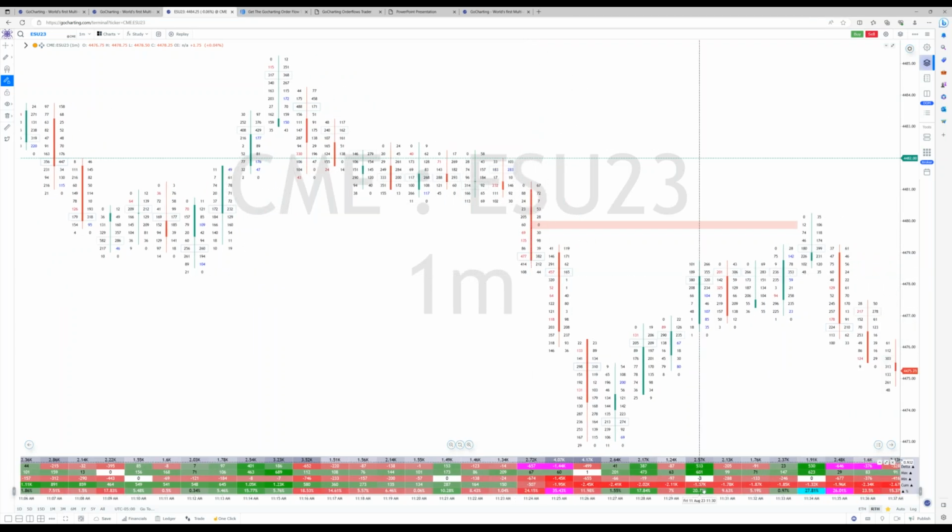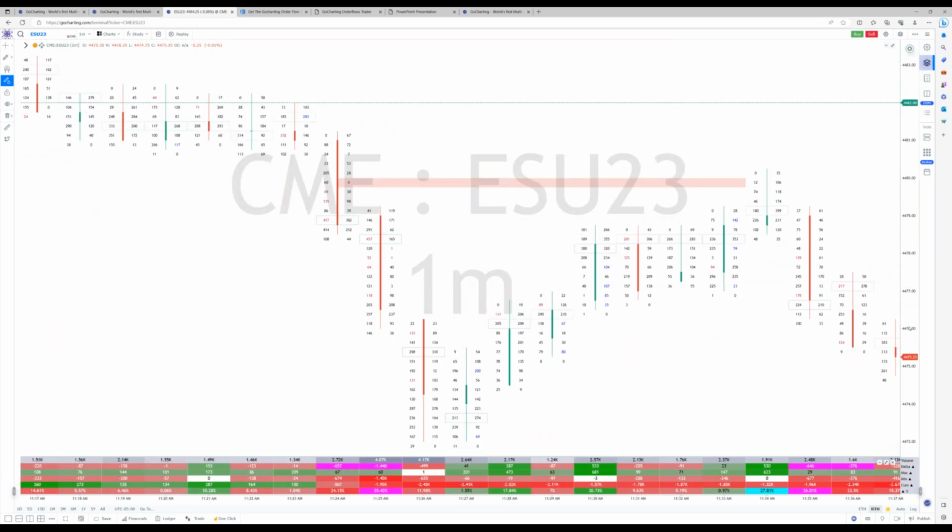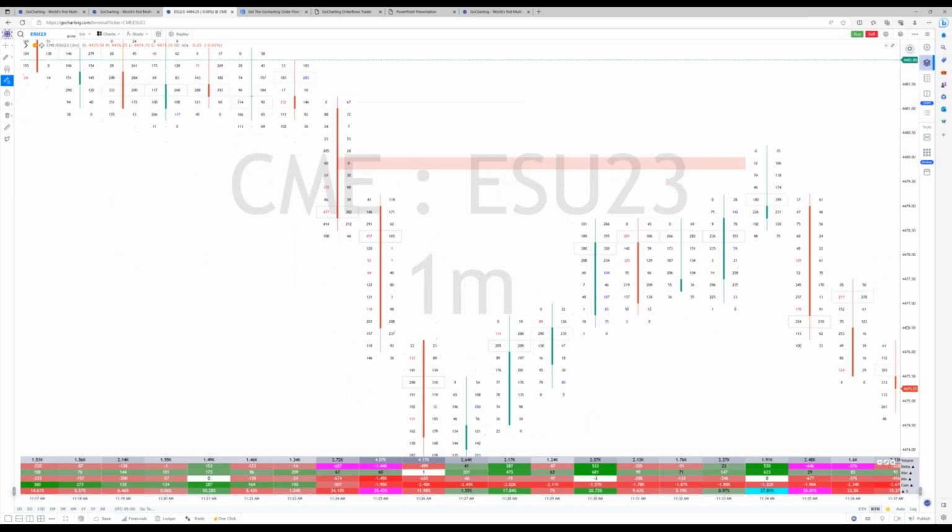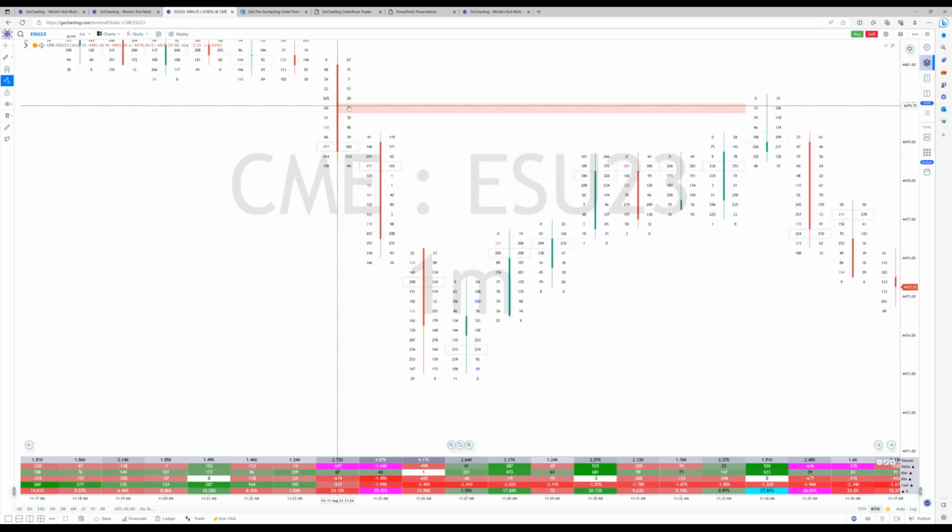So for example, let me just open this chart up more. Okay. Right, so here's a zero print in this bar right here, right in the middle. This is a trade I'd like to take. But it's not just because there's a zero print. I want to see this bar close, confirm that the zero print is going to stay there, the next bar to open, and start trading lower.